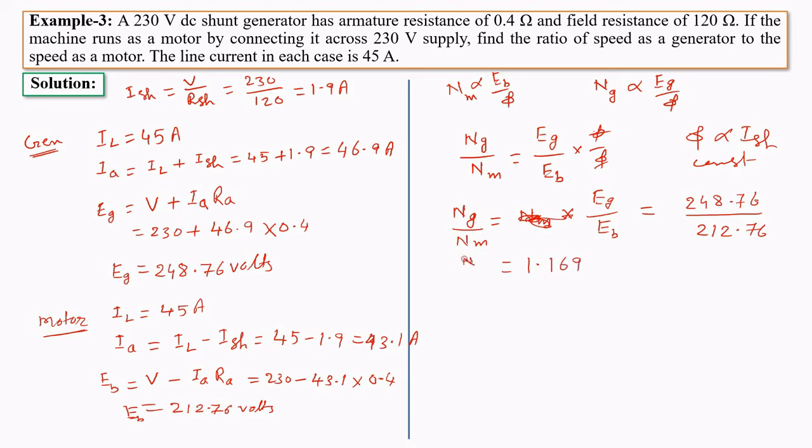So Ng upon Nm, that is speed of the generator to the speed of the motor, can be represented as 1.169, or we can write Ng is to Nm will be equal to 1.169 is to 1. So this is the answer.